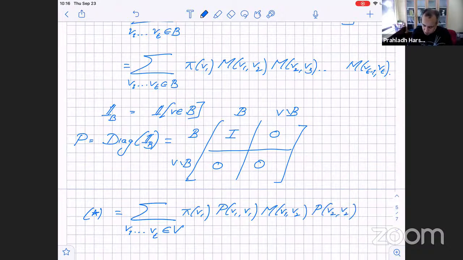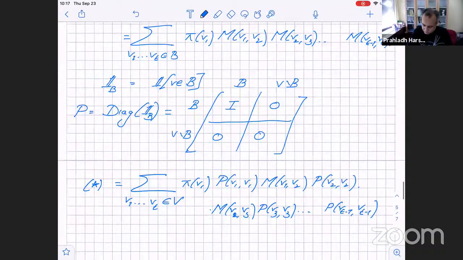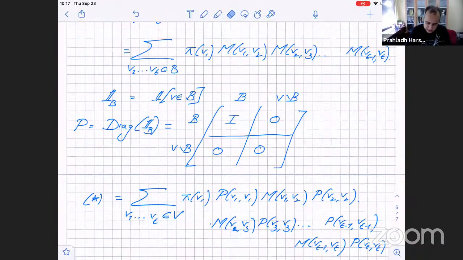Then I multiply it by M(v2, v3). Check that the third vertex is in B, and so on, all the way to M(v_{t-1}, vt). And I finally have to check also that the last vertex is in B. It's this product. The difference between this expression and the earlier expression is that this expression goes on.